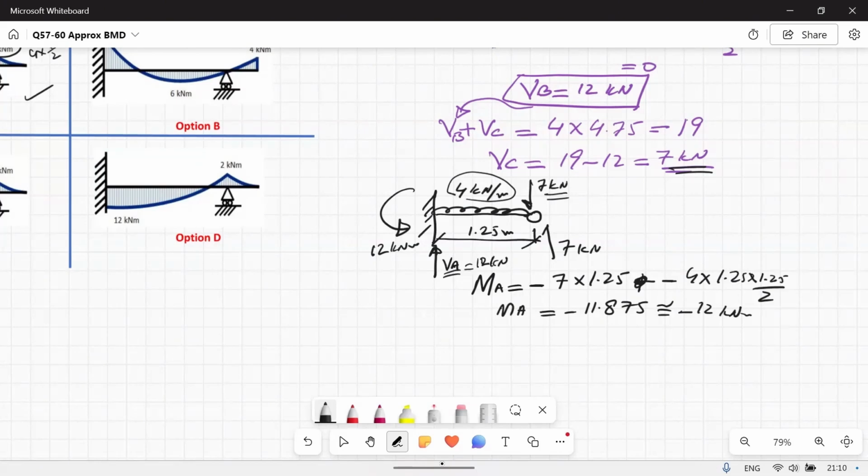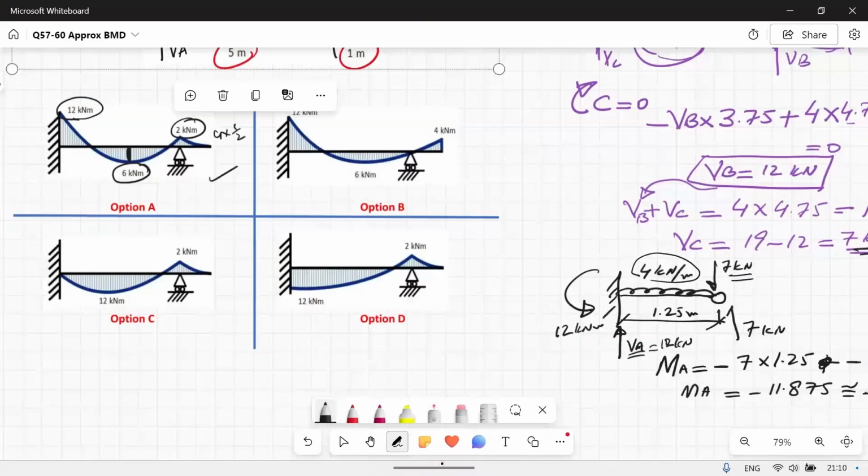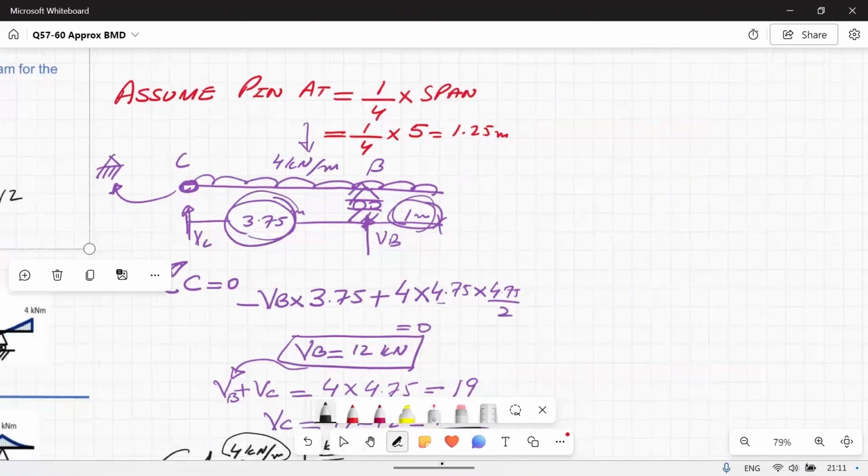Now to find out where is the maximum sagging moment, which is the 6 kilonewton meter, I need to plot the shear force diagram, and where shear force is 0, that will give me the maximum bending moment point. So let me find out shear force diagram for this portion, starting from the pin.